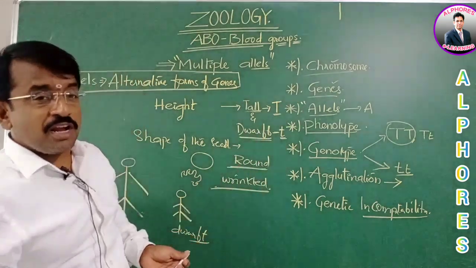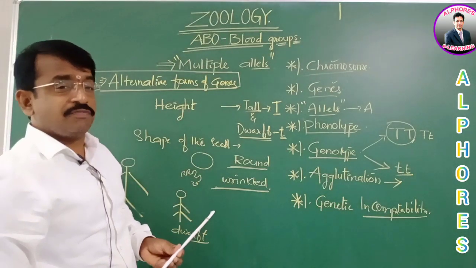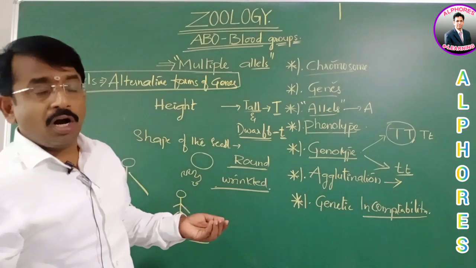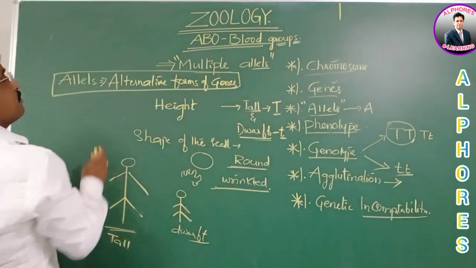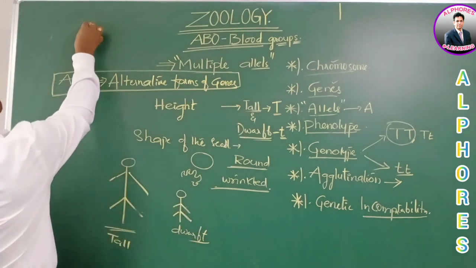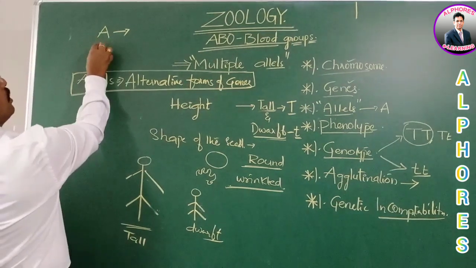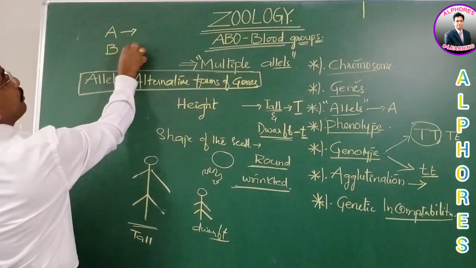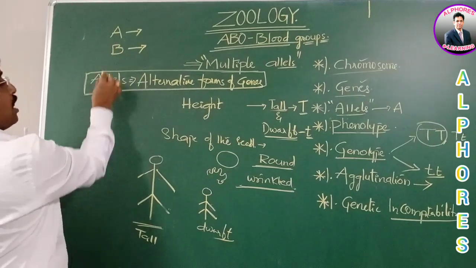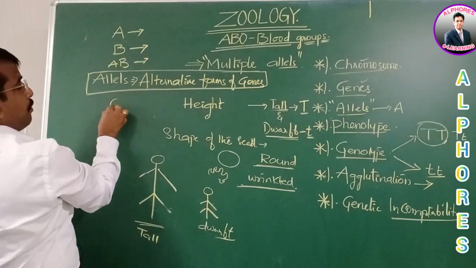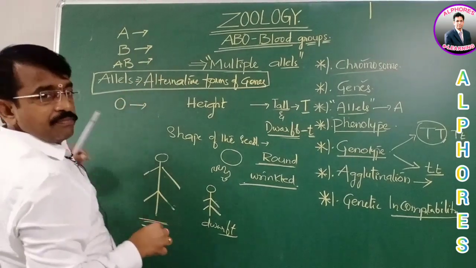Phenotype: the expression of a character in terms of its external form is the phenotype, may be tall or dwarf. Here, in the case of blood group, we can say A phenotype, B phenotype, AB phenotype, and O phenotype.